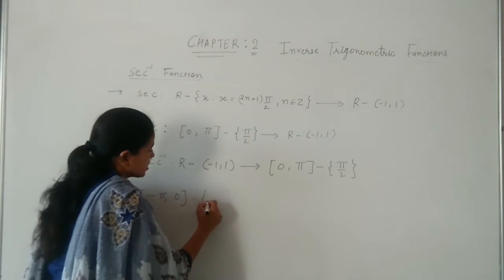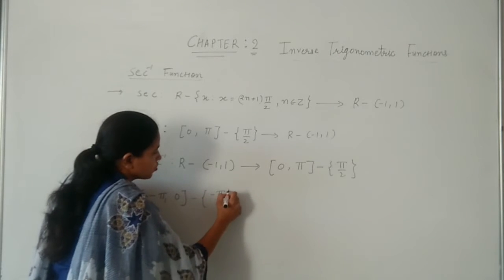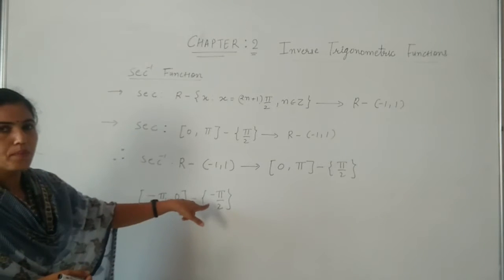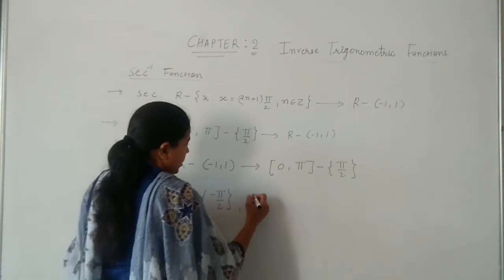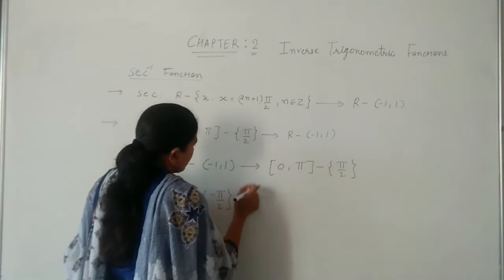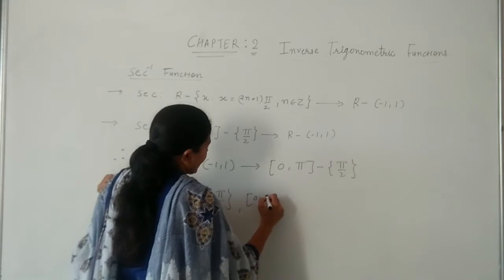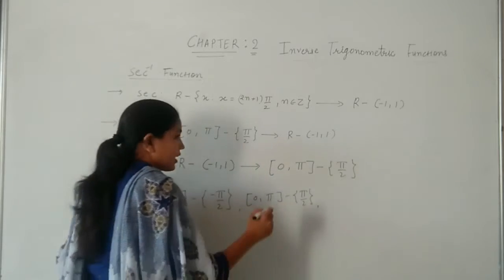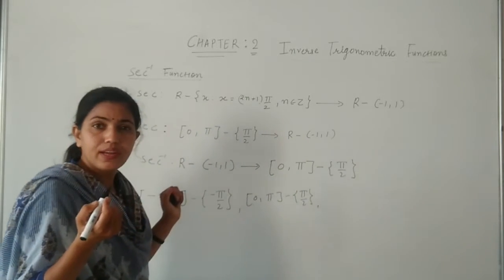Yes, it is at -π/2. So another restricted domain is -π to 0 minus {-π/2}. Again, another restricted domain is this one, 0 to π minus {π/2}. There are so many restricted domains we can take.